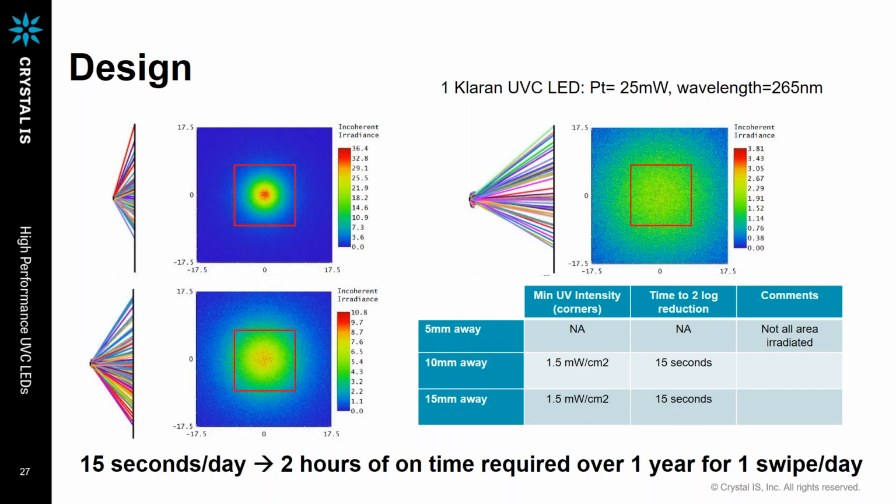The irradiance scale basically is defined by our software, and it's just an artifact in the sense that each one will be different. If you look at this page, you can see that the top one, when the LED is very close, we have a red mark over there where we are getting a very high irradiance. But as you go away, the center is still higher, which is at 10.8 milliwatts per square centimeter irradiance at that area.